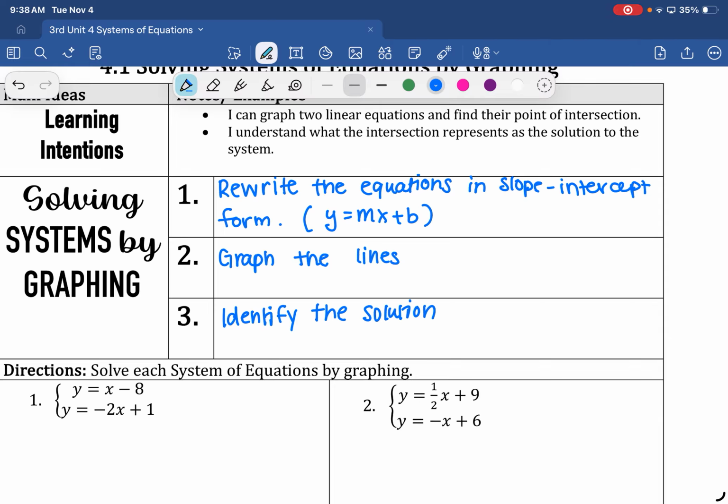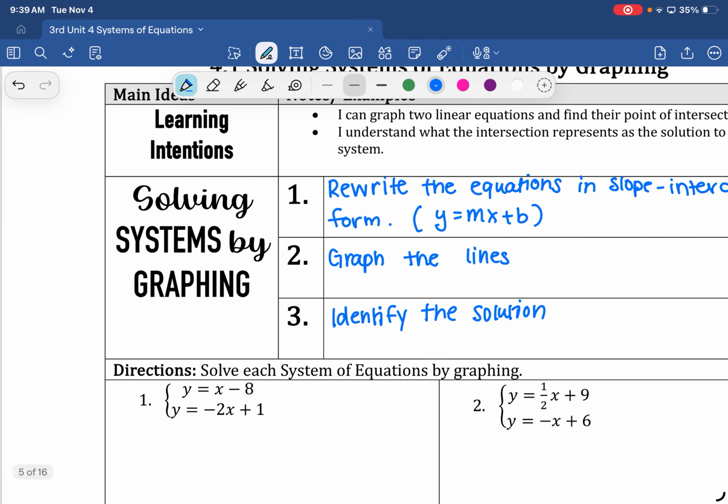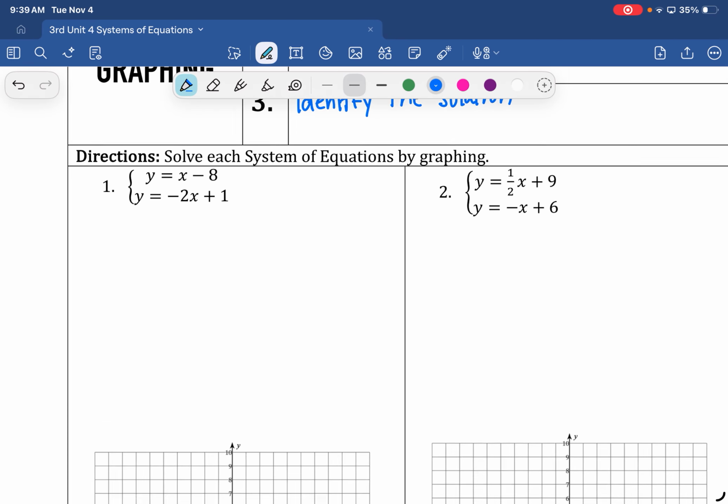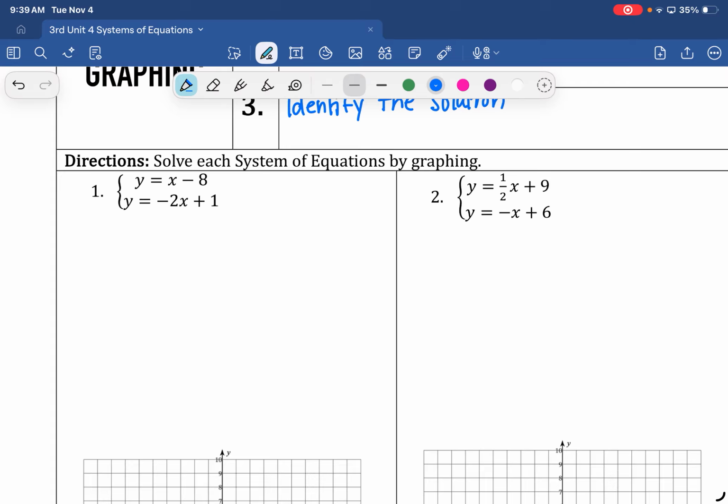We're going to do question 1 together. So for question 1, we're going to start with the first equation. When I look at this first equation, y equals x minus 8, what is our slope? What is our y-intercept?